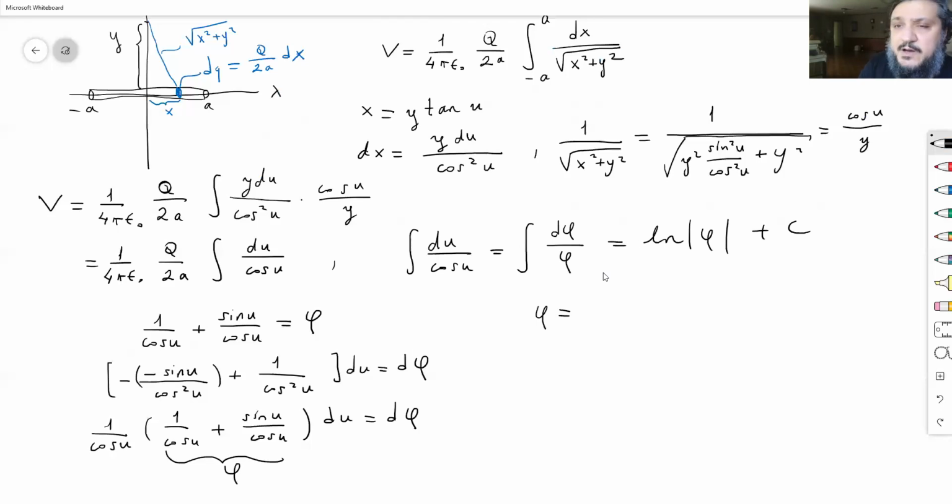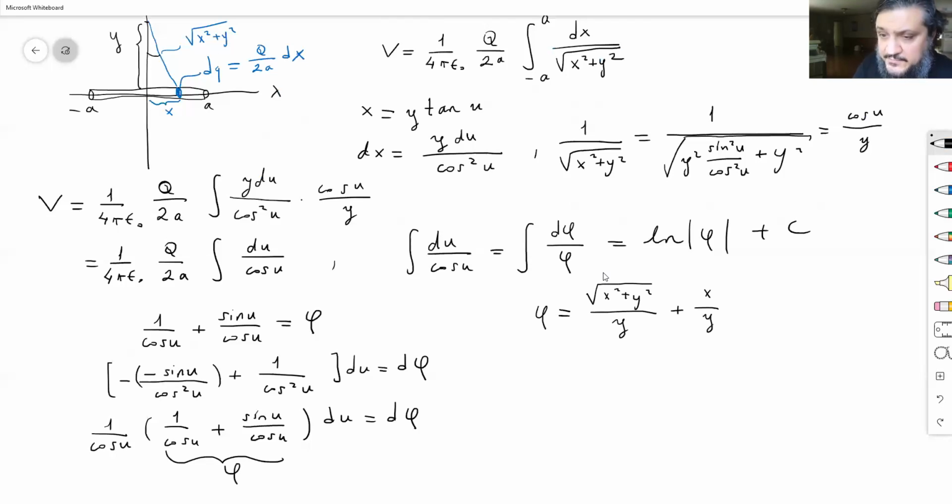Tangent u was x over y. So cosine u is y over the square root of x squared plus y squared, but 1 over cosine u will be the square root of x squared plus y squared divided by y, plus tangent u, which is x over y.